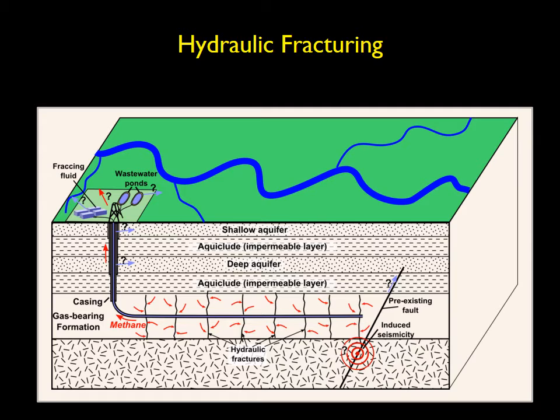And then you inject a fluid down under pressure, which causes the rocks to fracture, hence the name fracking. And then when they fracture, those cracks in the rock allow the natural gas to flow back into that liquid, and then it can be extracted and taken back up to the surface.